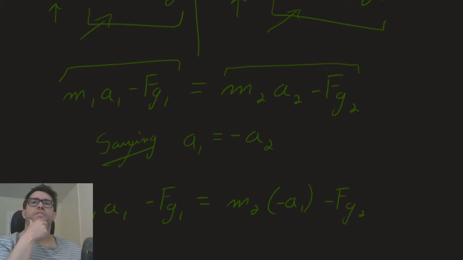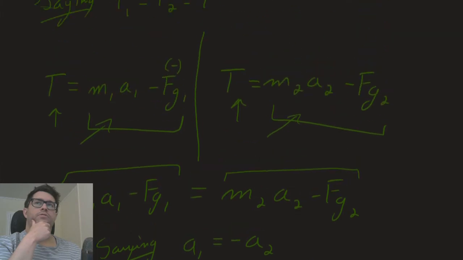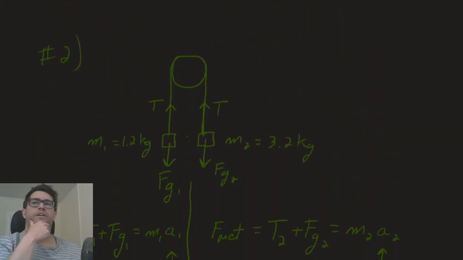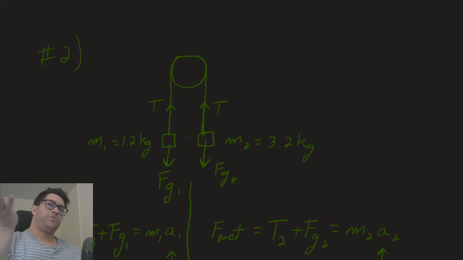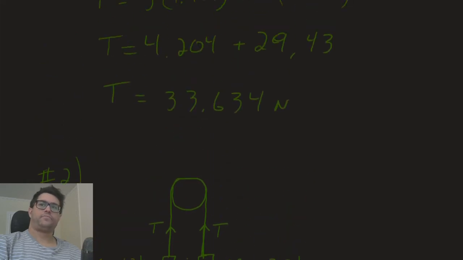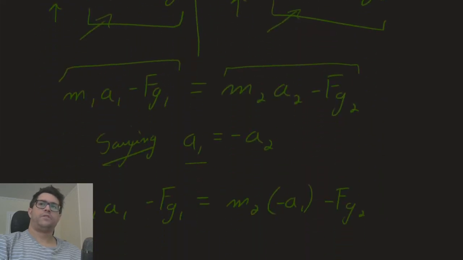So instead of using A1 and A2, we're just going to use A1. So that means that the acceleration that we're going to find will have to do with this first mass. Okay? So if we find a positive 3, it means this is going positive 3, and it means this is going negative 3, simply because of this.